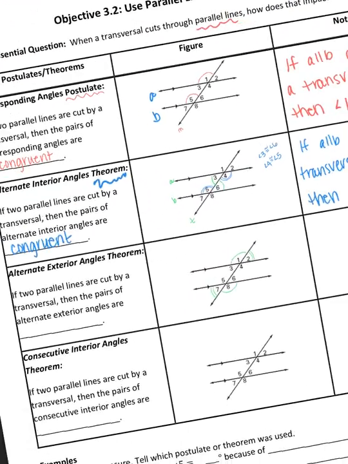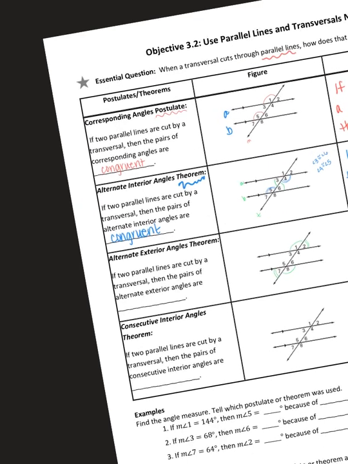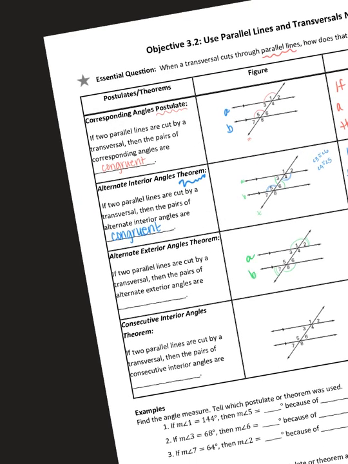And it is true that the alternate exterior angles are congruent if the lines A and B are parallel. Okay, so similar to alternate interior angles, if two parallel lines are cut by a transversal, then the pairs of alternate exterior angles are congruent.